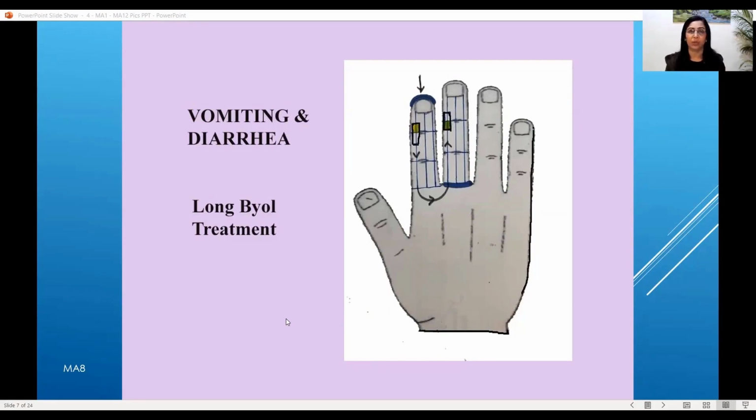So we can treat these two together, right? So we have to sedate. Now, when we are sedating the large intestine meridian, the south pole of the magnet has to be towards the entry gate, right? One minute, let me just show it to you.